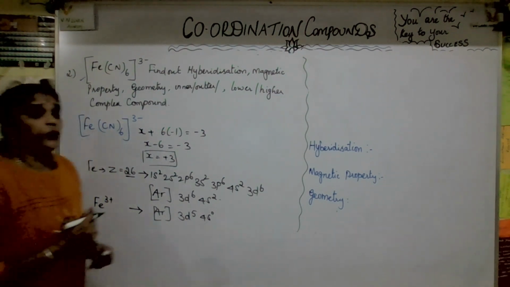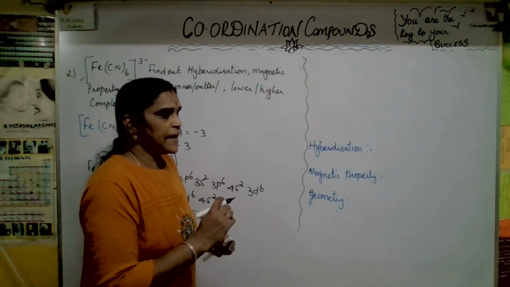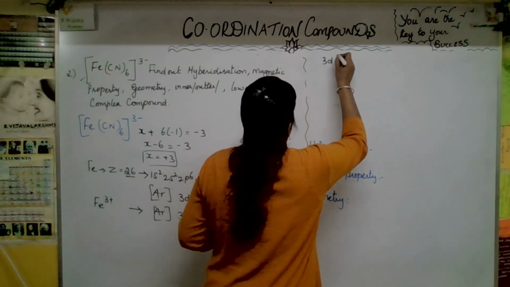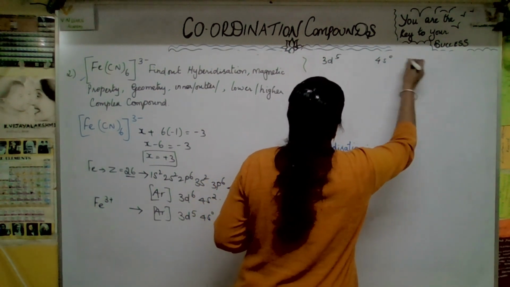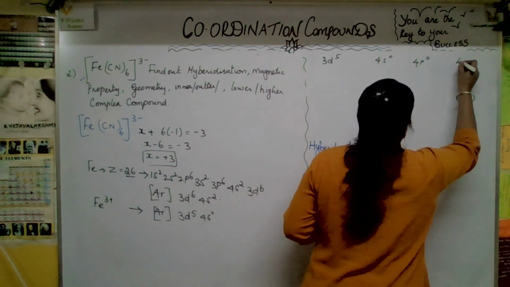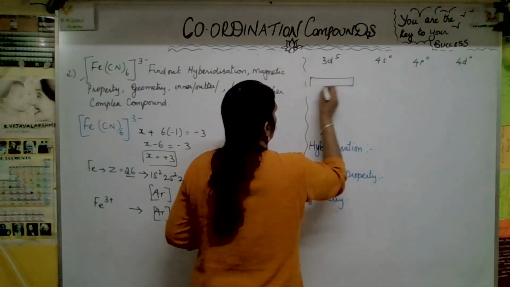Okay, now we have to prepare the empty orbitals to be filled by the ligands, right? So we can write 3d5, 4s0, 4p0 and 4d0. Okay, let us draw the atomic orbitals.